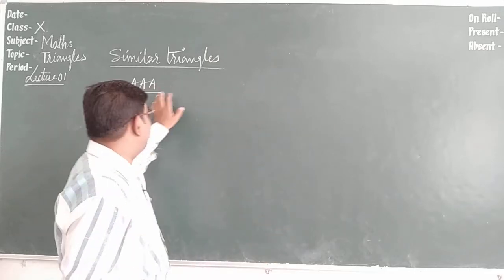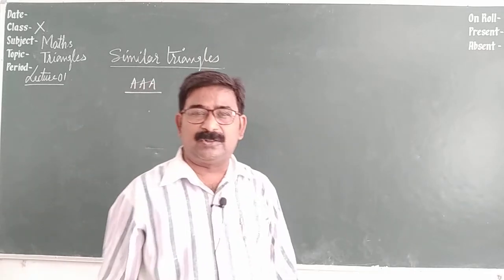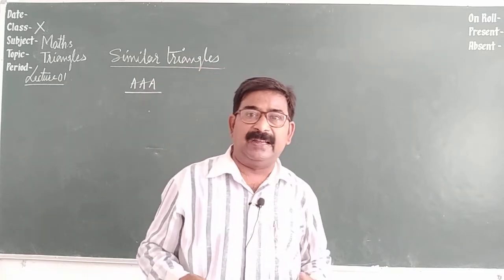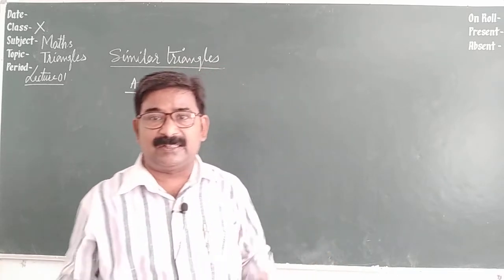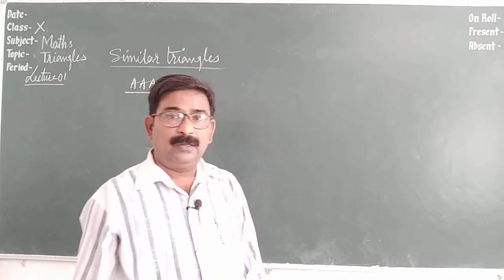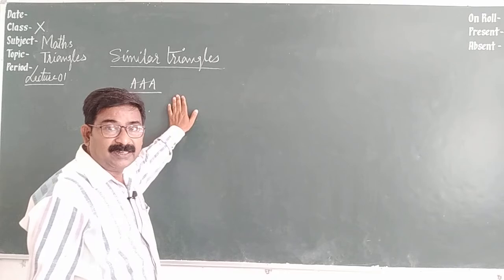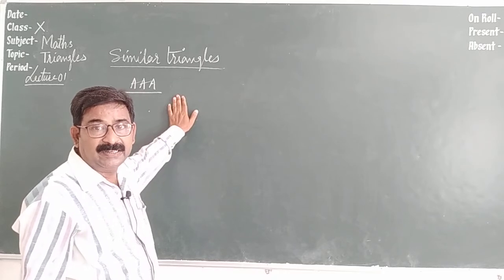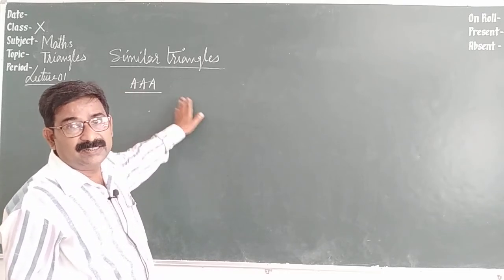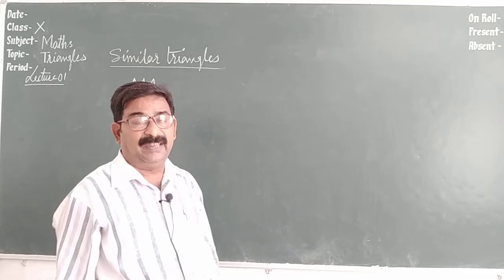What is the AAA criteria? Two triangles are said to be similar on the basis of angles if all three angles of one triangle are respectively equal to all three angles of another triangle. Then the triangles are said to be similar by the AAA criteria.